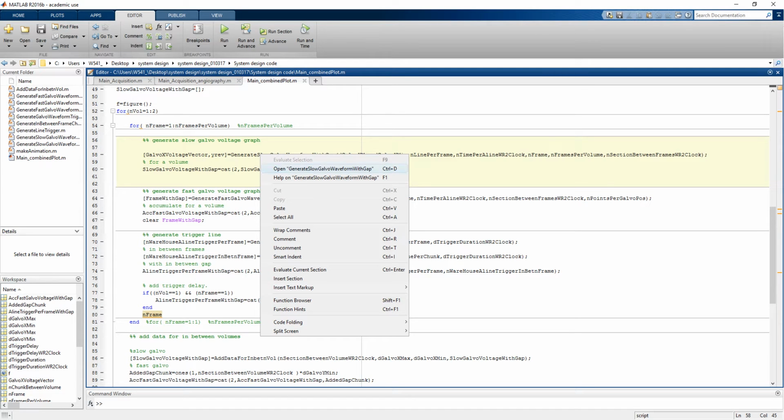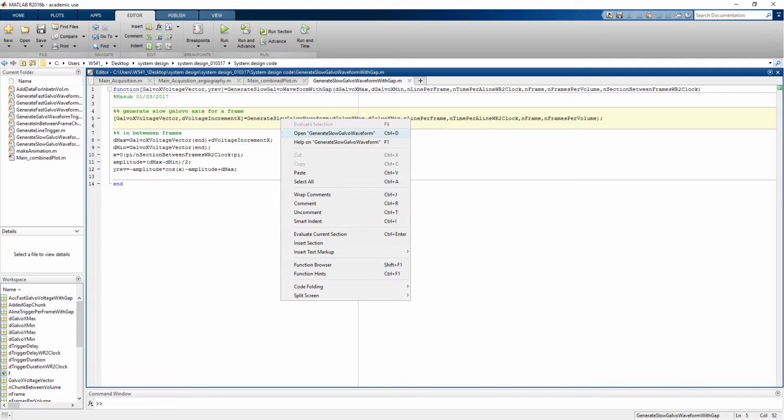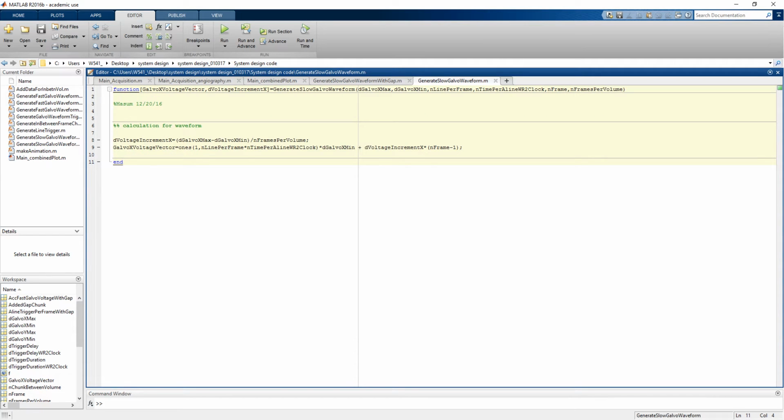Let's see what's inside this function. Basically there is another function to generate the galvo voltage. Here are the galvo maximum and minimum, lines per frame, and all the other parameters. These two lines will basically generate the waveform for the galvo.